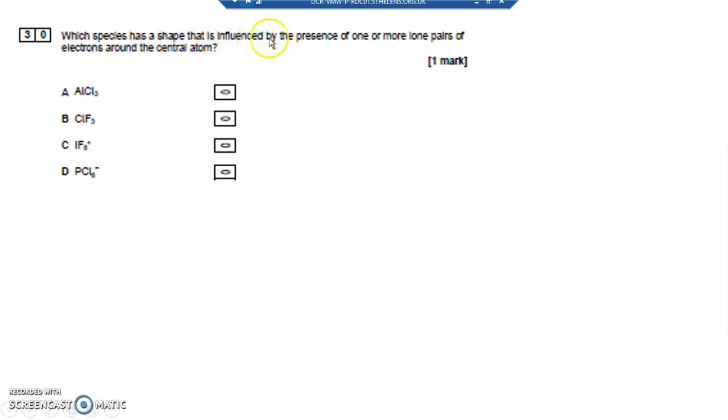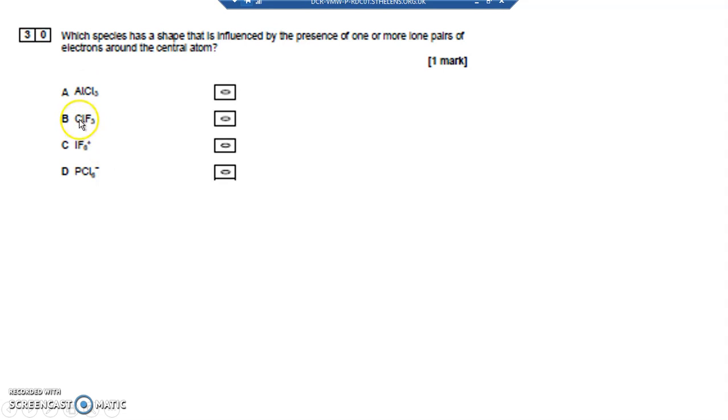Which species has a shape influenced by the presence of one or more lone pairs of electrons around the central atom? So let's have a look which one of these have got lone pairs. Al is in group 3, so it's got 3 electrons in its outer shell, 3 Cl's bonding with 3 covalent bonds, one electron each for each of the Cl's. That's going to have no lone pairs left over.